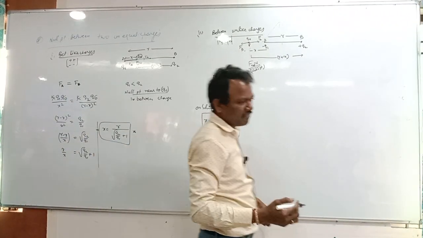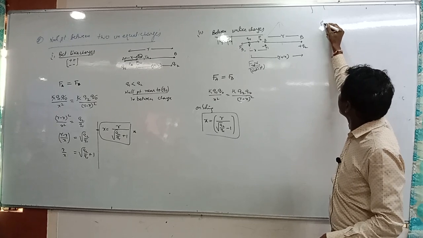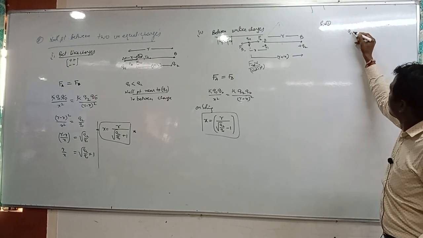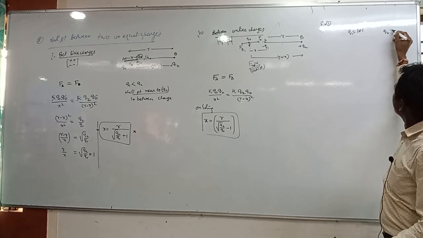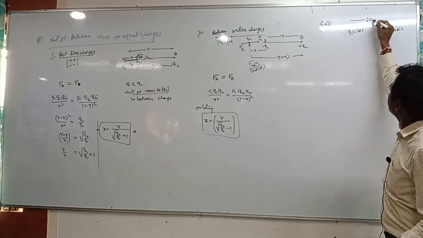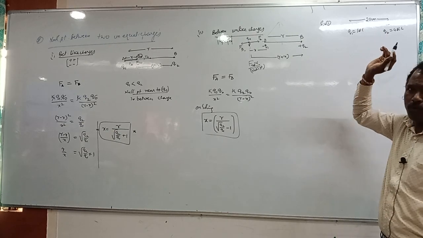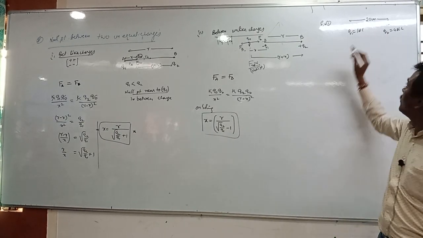Here, I will give some examples related to that. Q1 is 1 microcoulomb, Q2 is 4 microcoulombs of charge, separated by 10 centimeters. Find the null point, in between the charges or outside the charges? In between the charges.